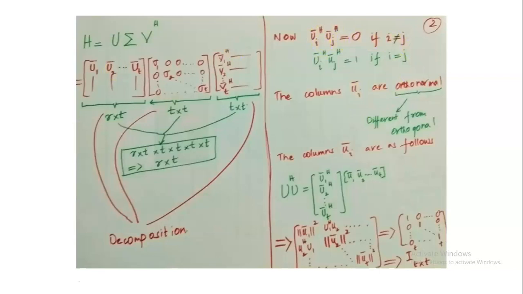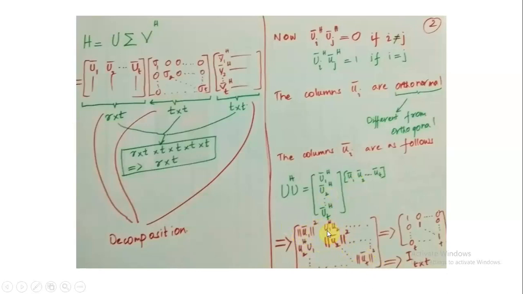The columns Ui are given as follows. If you multiply the complete matrix U Hermitian with U, you will get this thing. And each element, if you multiply it together, when i is equal to j, then you will get on the diagonal U1 squared, U2 squared, and UT squared.